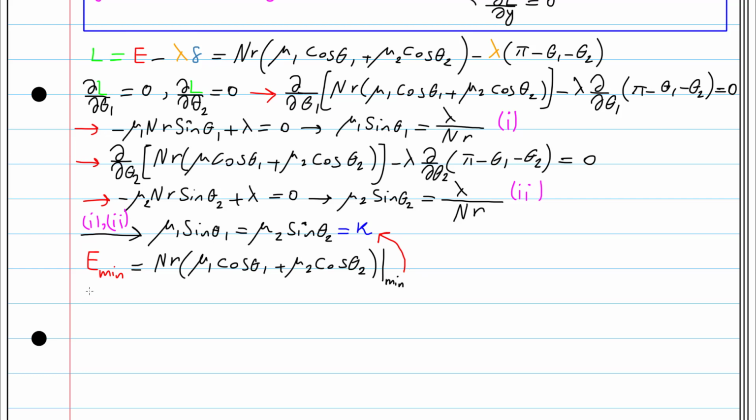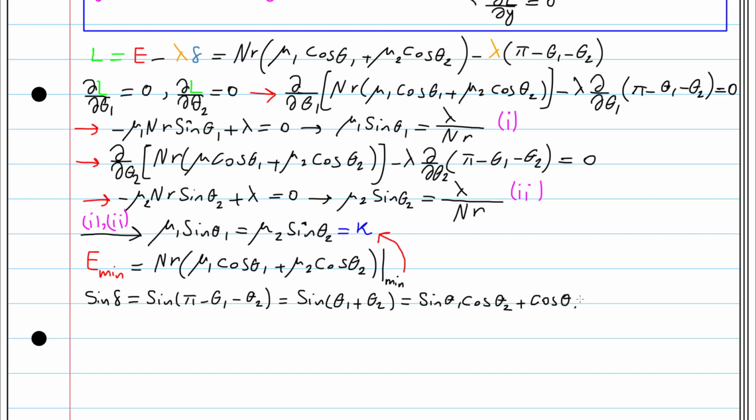On the other hand, we have sine delta equals sine of pi minus theta 1 minus theta 2, which is just sine of theta 1 plus theta 2. And this is equal to sine theta 1 times cosine theta 2 plus cosine theta 1 times sine theta 2.